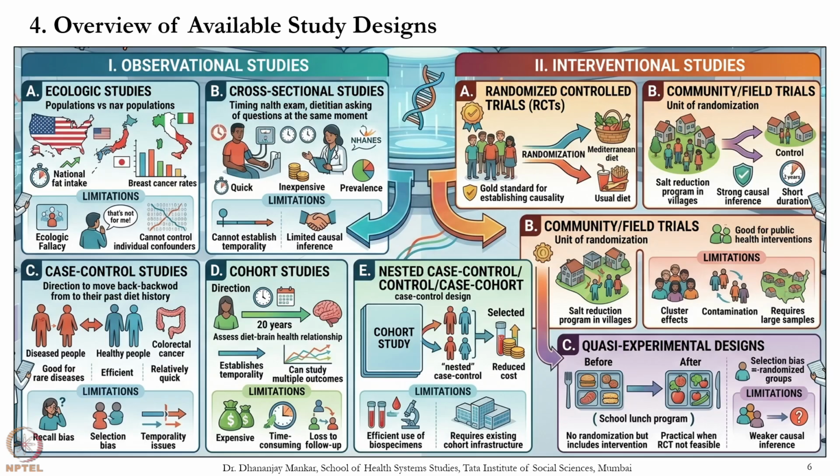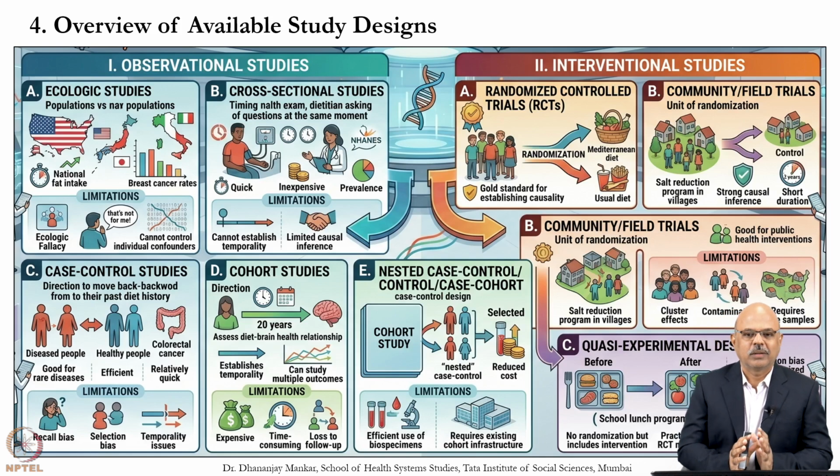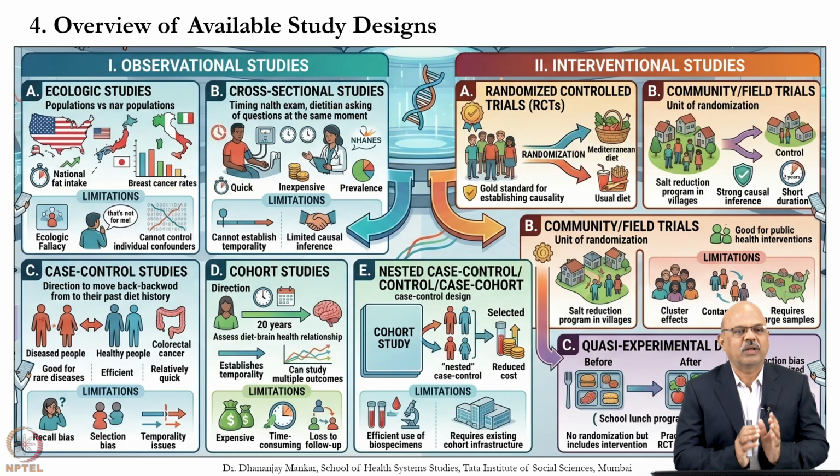Okay, overview of the available study designs. We have multiple study designs, and out of those, whatever is available, we will try to understand. Observational studies. In the observational studies, you will get a picture of ecological studies, population versus an average population. So you can say national fat intake and the risk of breast cancer. What are the limitations of ecological studies?